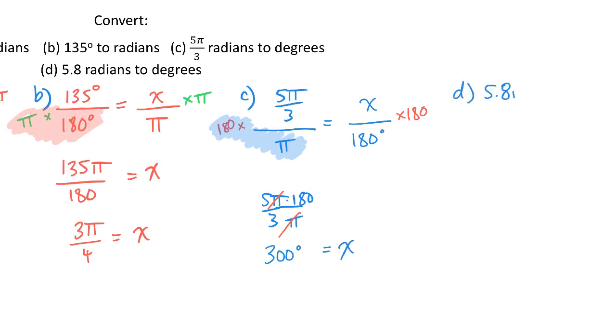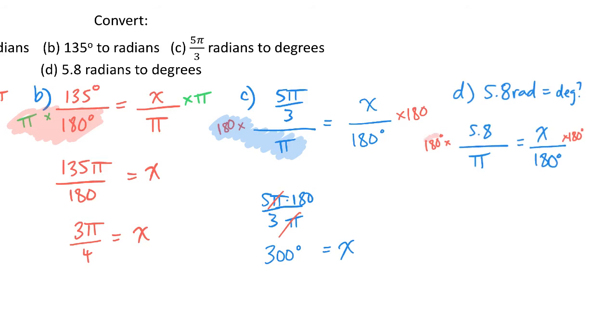So 5.8 radians, we want to know how many degrees that is. 5.8 radians is some proportion of pi radians, or 2 pi radians, doesn't matter which one you use. And we want to know how many degrees that is. That would be some equivalent proportion of 180 degrees, again because pi radians and 180 degrees are equivalent. So we rearrange and solve the equation, multiplying both sides by 180 degrees.